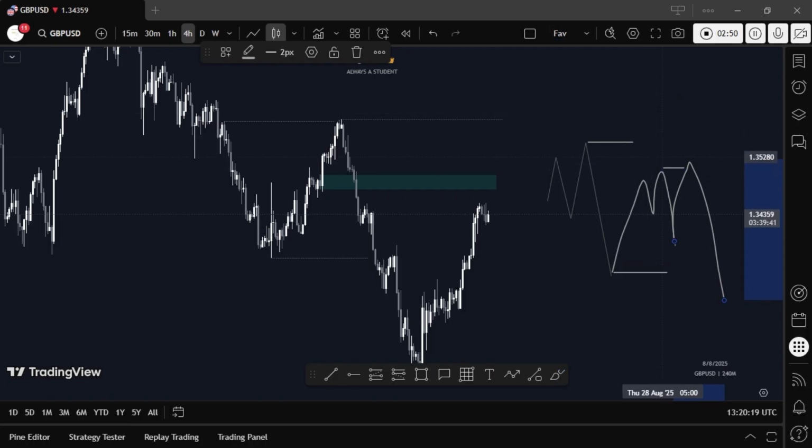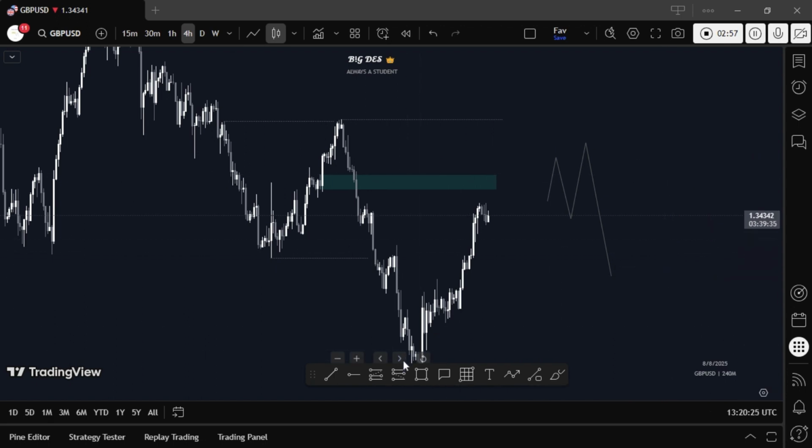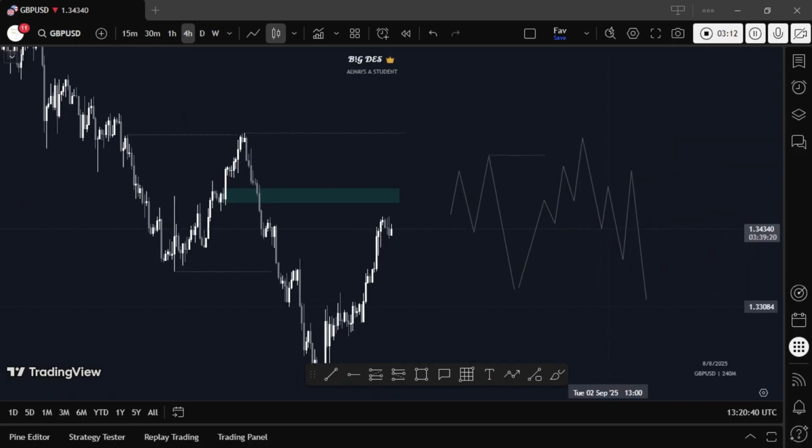Other than that, this high right here will have to be our liquidity. So the market will most likely come up all this way, take this high out, and then give us a sell intent, so we sell back down.